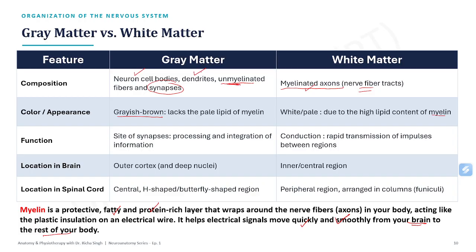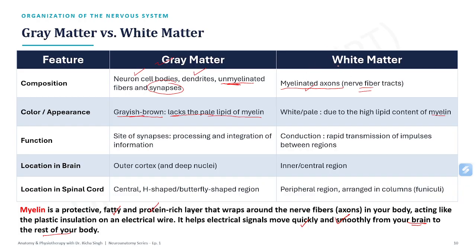But since gray matter does not have myelinated fibers, it has unmyelinated fibers, it lacks the pale lipid of myelin and hence doesn't appear white. It appears a lighter shade that is grayish brown in color. Hence the name gray matter.